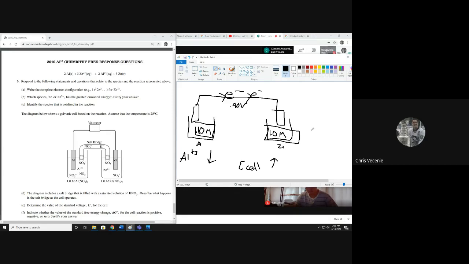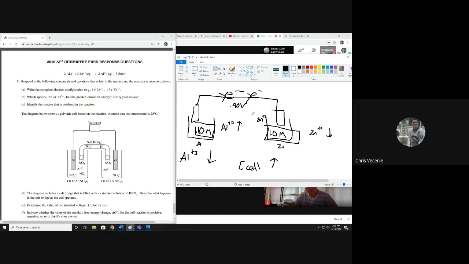So the Zn+2 wants to decrease, and the Al+3 wants to increase. So think about it. How do I decrease the Zn+2 concentration?